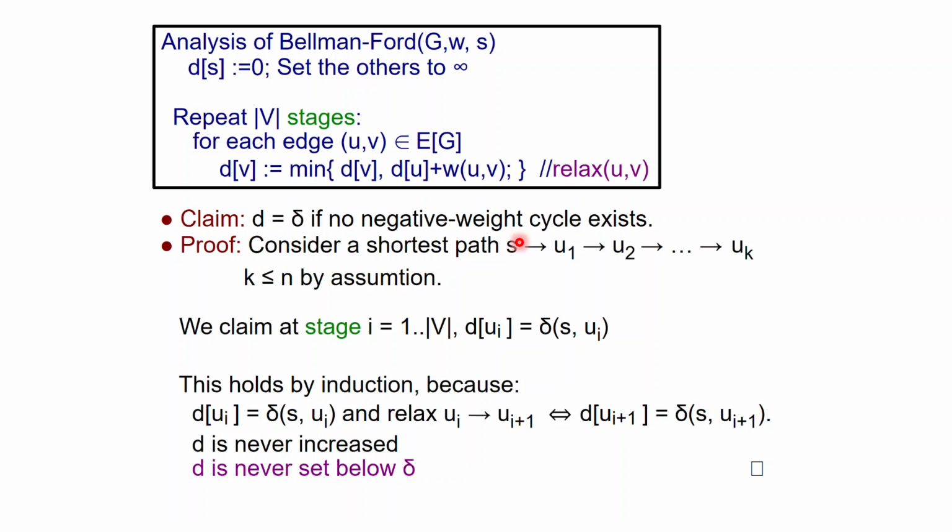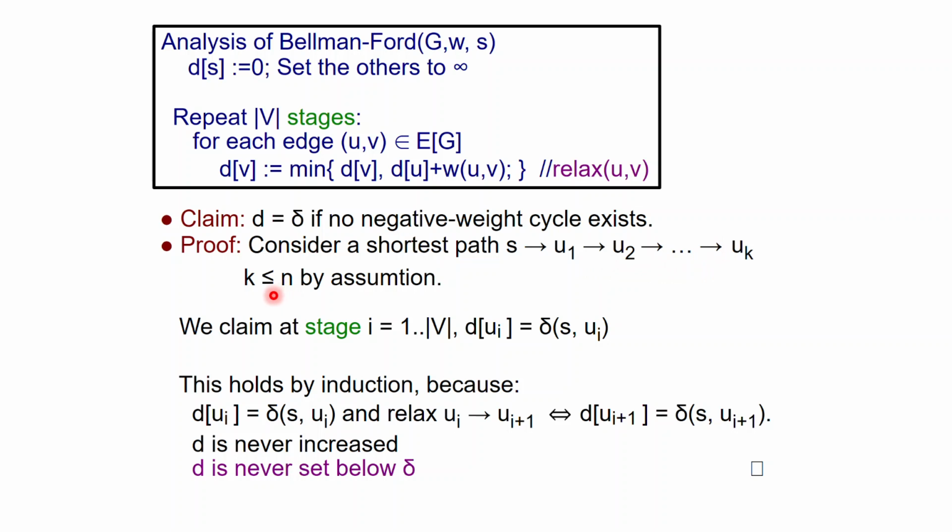So from the source node, let's take a shortest path to some other node u sub k. Because you don't have negative weight cycles, this path has to have length at most n.